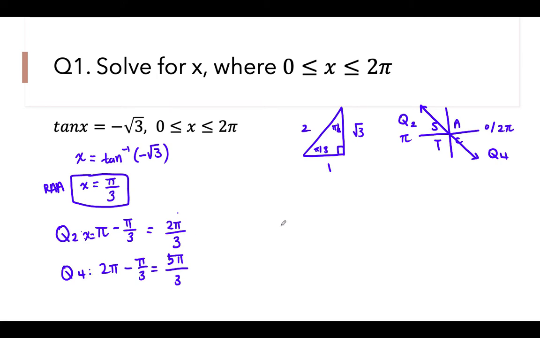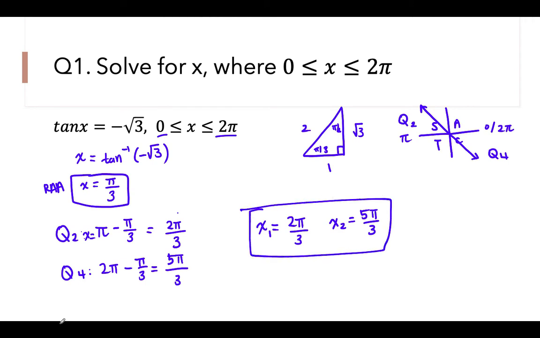Therefore, we have two solutions because it's only between 0 and 2 pi. So x1 is equal to 2 pi over 3, and x2 will be 5 pi over 3. And that will be my final answer.